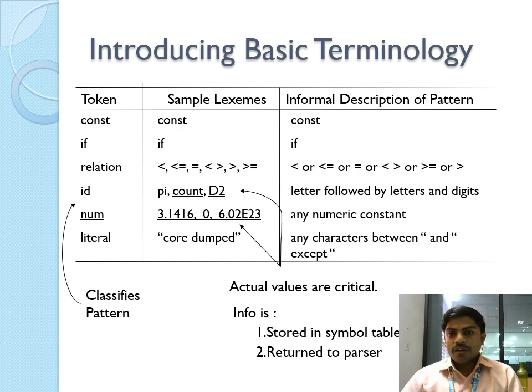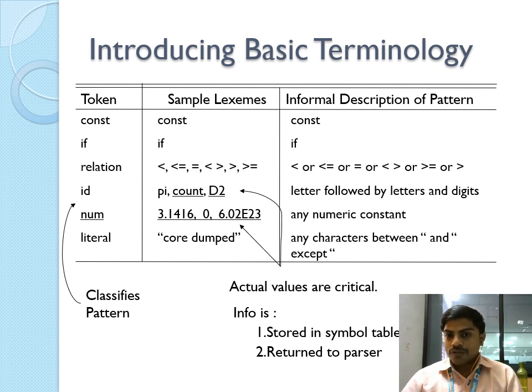If any one of the operators specified in the third column appears in the program as a lexeme in the second column, we categorize it into the token called relational operators. The third column states the rule. The second column states what we see in the program, and the first column states what we convert it to as a token, that is, the type of token it is converted into.